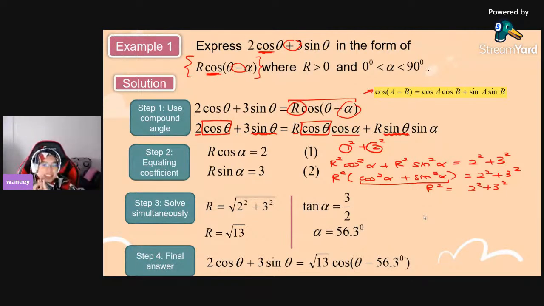To solve them simultaneously, make sure not to use the substitution method or elimination method. Better to use the first equation squared plus the second equation squared, and then simply do sine over cos to get the other one. Okay, so that is for the third step. The fourth step, don't forget you need to write down your conclusion. So altogether we have 4 steps.